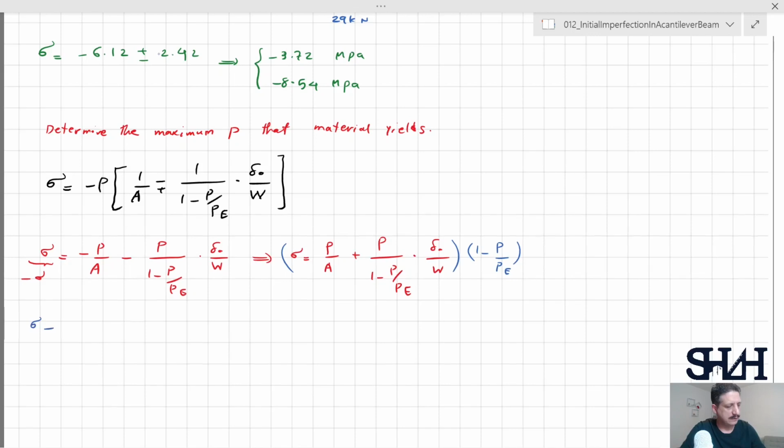So it will be sigma minus sigma P over PE equals P over A minus P squared divided by A PE plus P delta 0 divided by W.